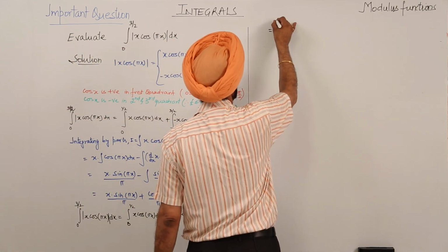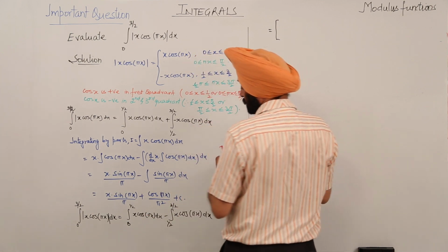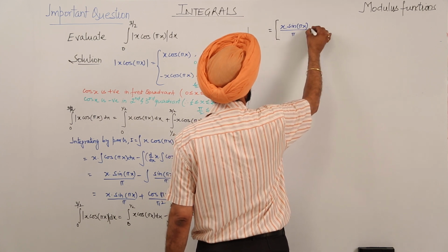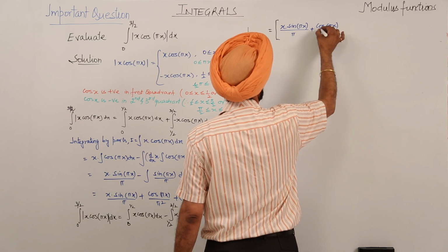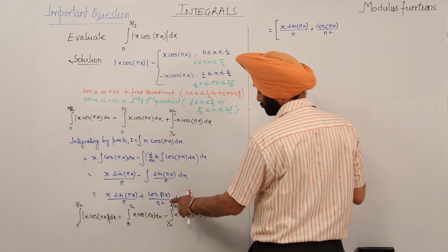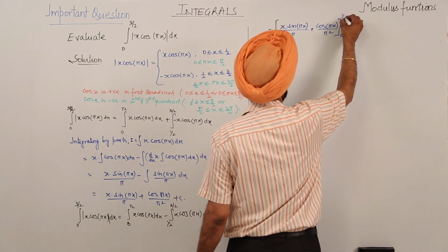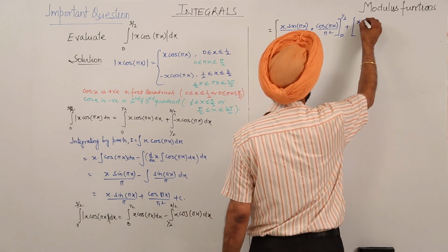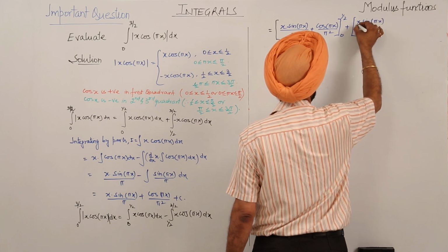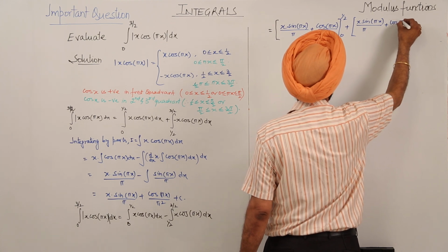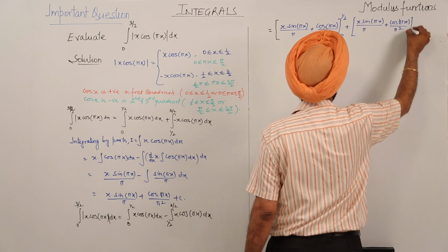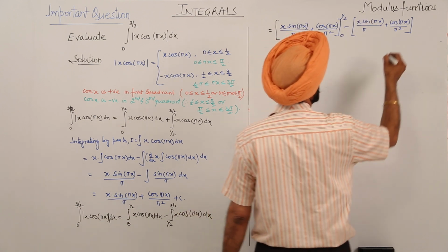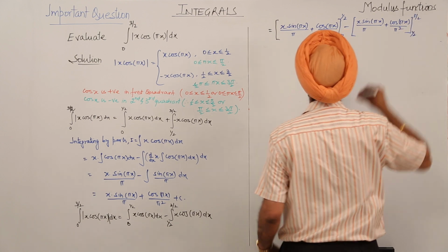Now this is equal to [x sin pi x upon pi plus cos pi x upon pi square] from 0 to 1/2, minus [x sin pi x upon pi plus cos pi x upon pi square] from 1/2 to 3/2. Okay.